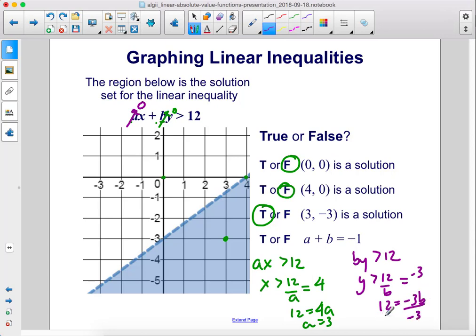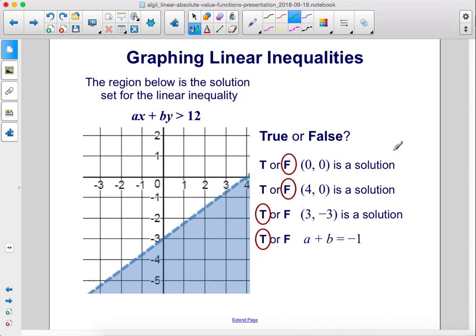Divide both sides by -3, and we get b equals -4. 3 minus 4 equals -1. This is true. So this was -4 because we had 12 divided by -3. And we got them all correct.